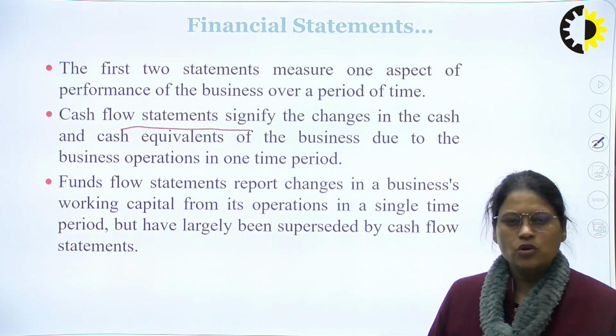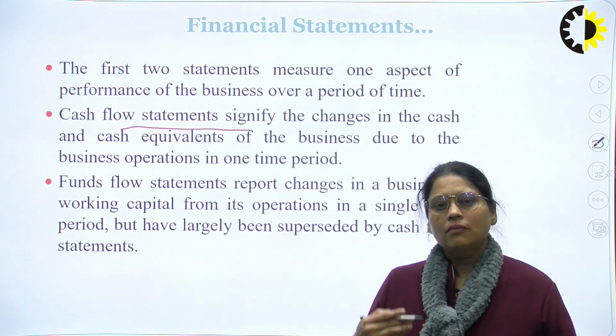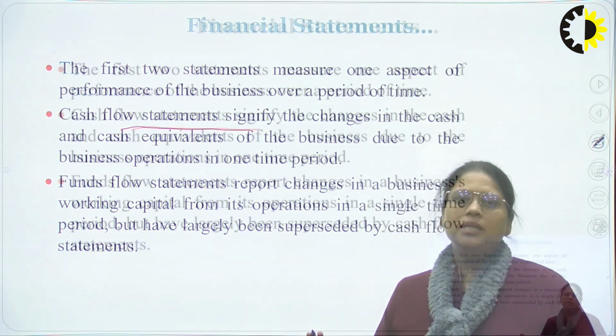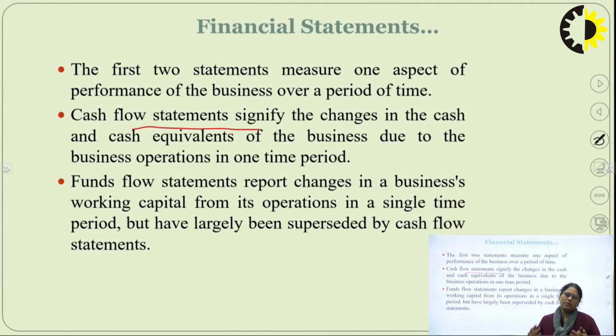In the cash flow statement, we evaluate the financial situation of the company on the basis of cash only. Some cash is debited and some cash is credited in the company. We check all the credit and debit cash amounts of the company, and we can evaluate the performance of the company over a period of time.